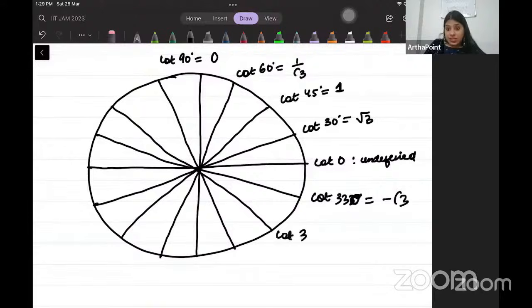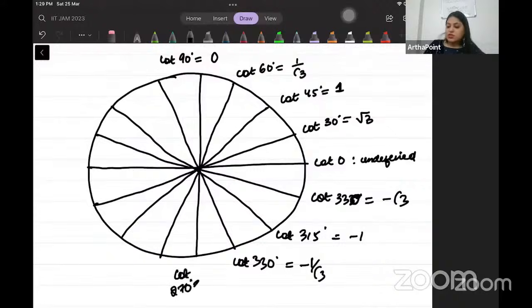Cot 315 is going to be minus 1. Cot 300 is going to be minus 1 by root 3. And then cot 270 will be 0. Now you just have to keep repeating. How will I repeat? Look at this line that I had drawn. I just have to write the same value here. If this was 1 by root 3, this will also be 1 by root 3. If this was 1, this will also be 1. If this was root 3, this will also be root 3.